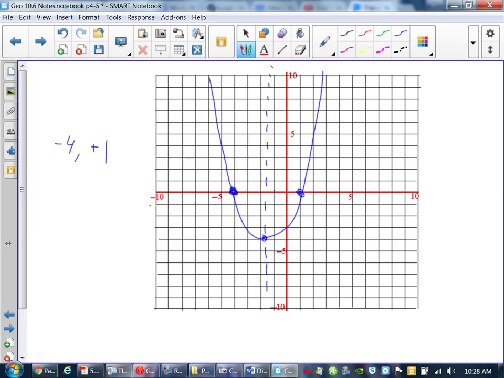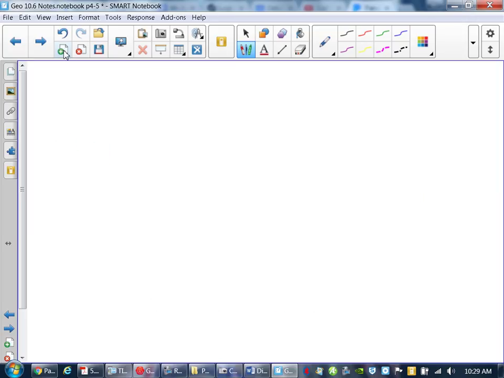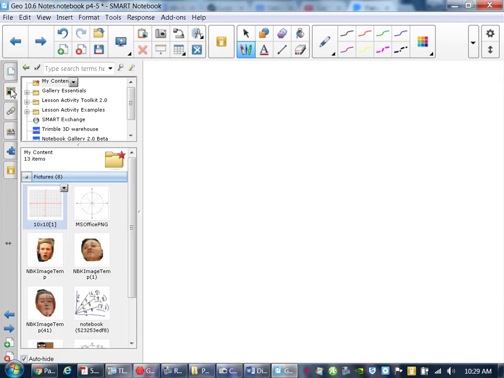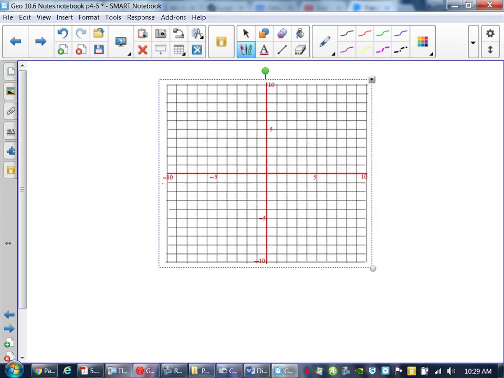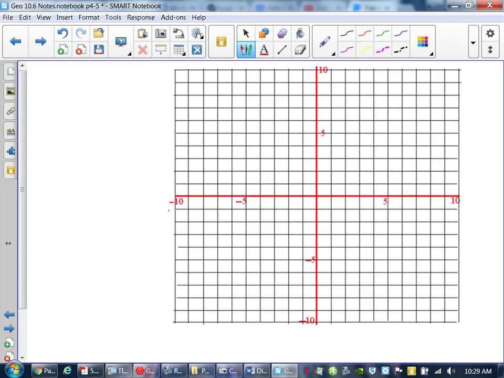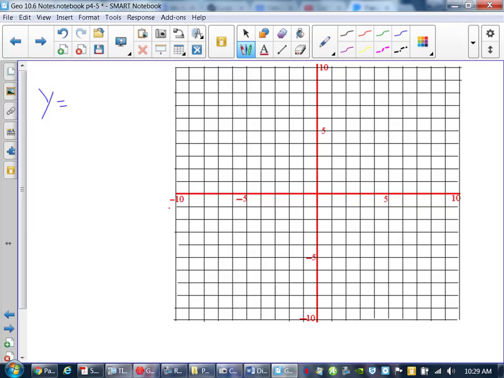Take this back even further still. You guys talked about parabolas probably beginning of second semester last year. But if you go back to first semester your freshman year, remember when you graphed equations? Let's say you graphed y equals negative 2x plus 1 and y equals 3x minus 4.